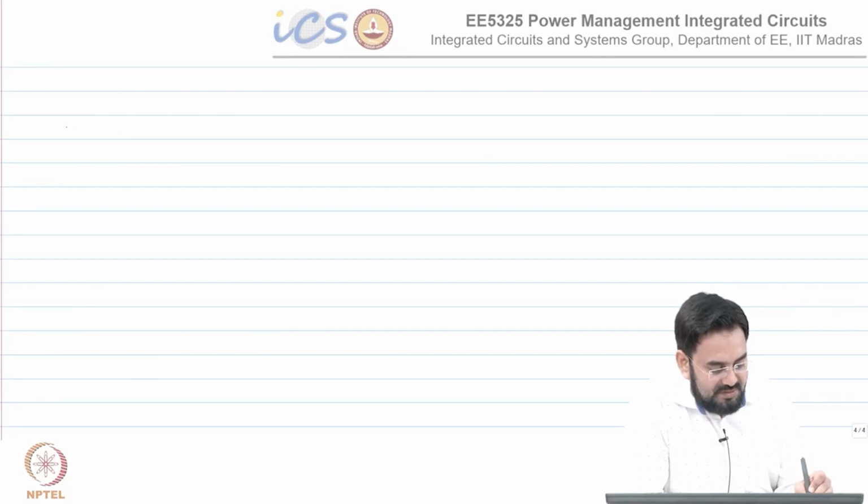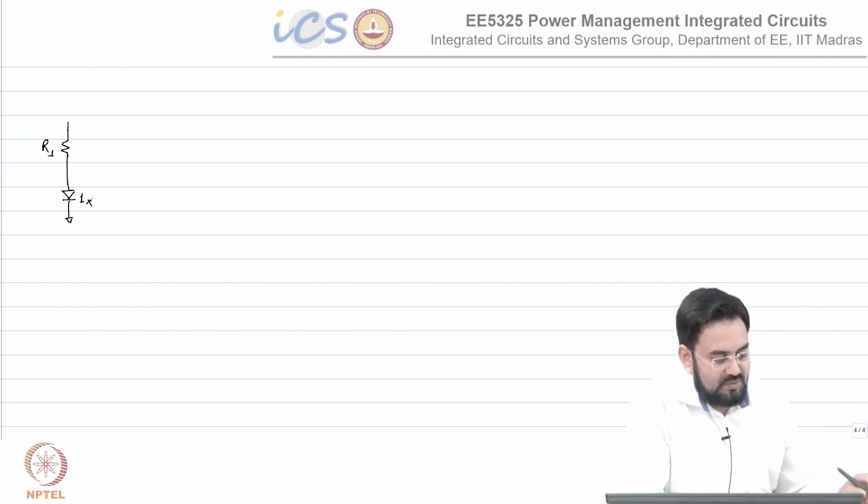So now let's see how do we do that. Let's say I have this is my R1 and this is your 1x device.